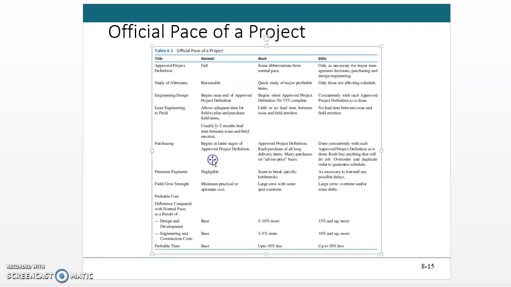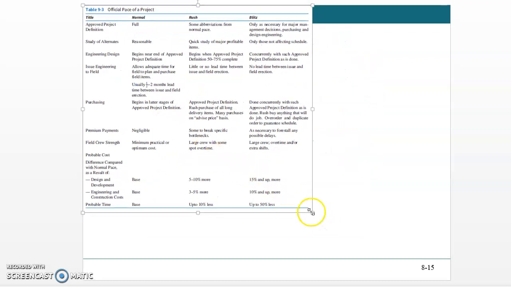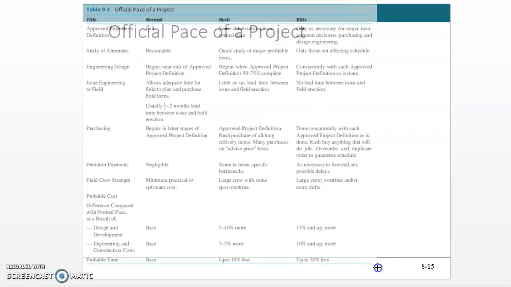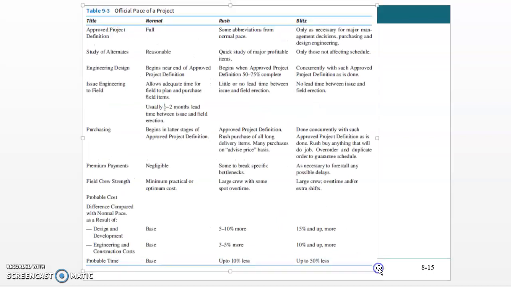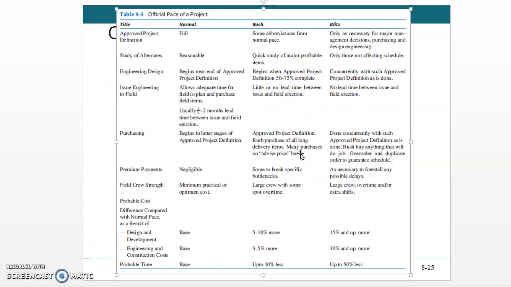Another way for expediting the project is by way of some multi-layered approach. This is not just a quantitative method. These are different approaches which can be applied.